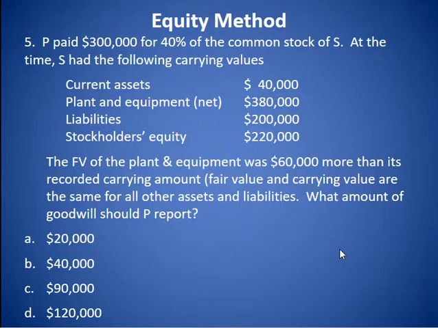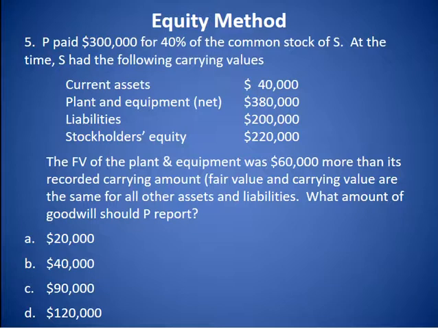Number 5. P paid $300,000 for 40% of the common stock of S. At the time, S had the following carrying values: current assets, plant and equipment net, liabilities of $200,000, and stockholders' equity of $220,000. The fair value of the plant and equipment was $60,000 more than its recorded carrying amount.